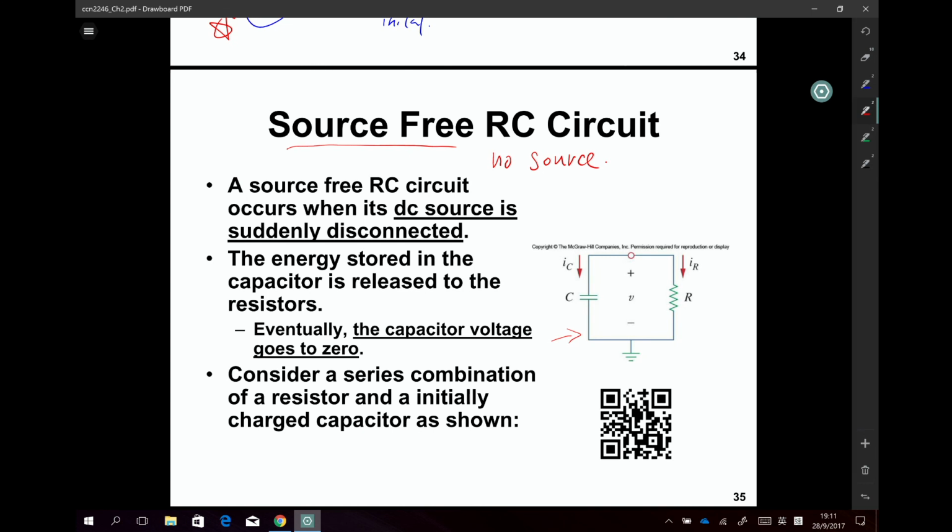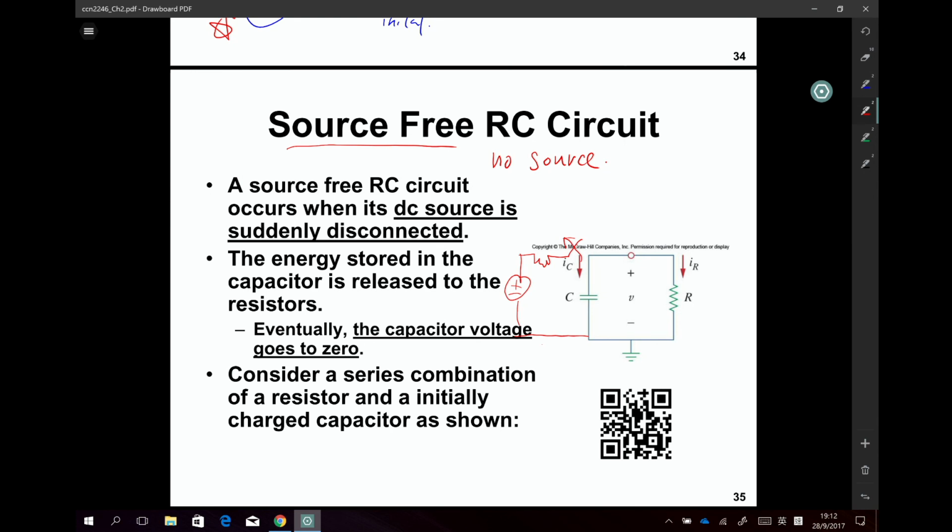Originally you may connect a circuit with a switch to the RC circuit, but now you open the switch, then the source is disconnected from the RC circuit. Okay?